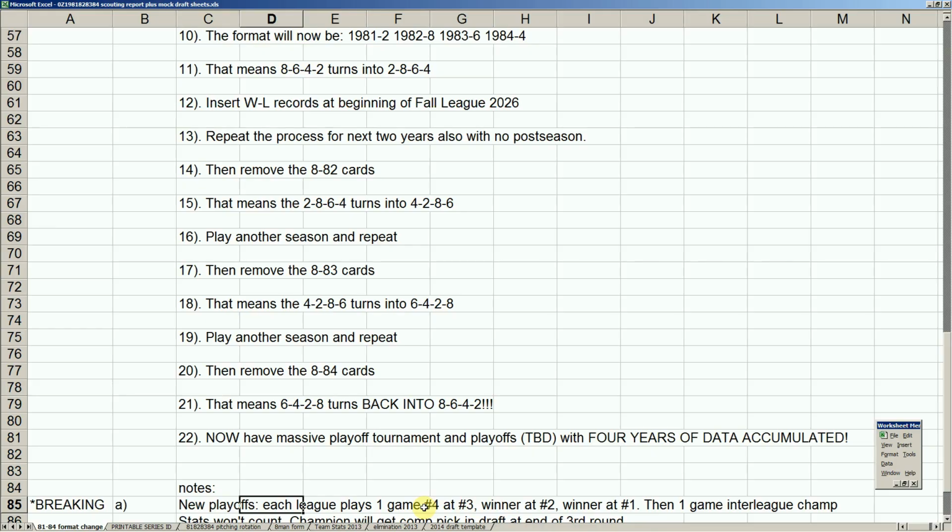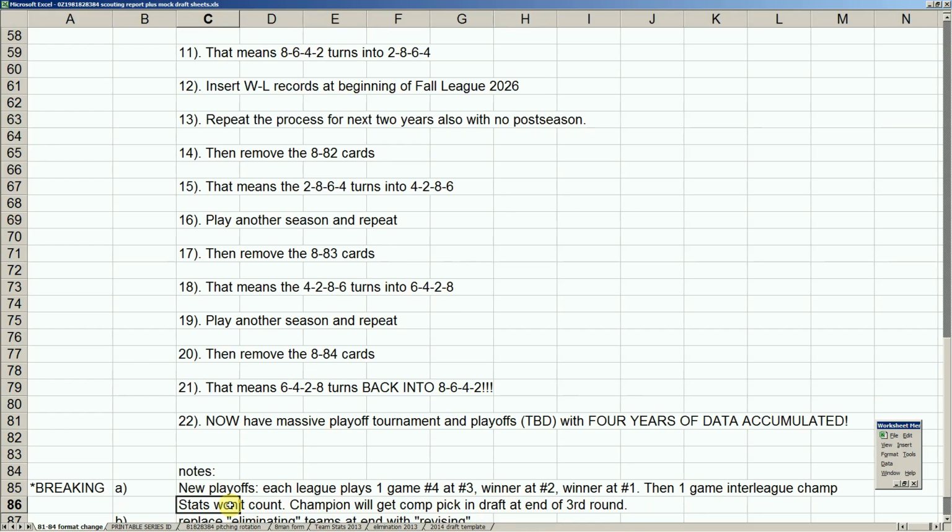It would be 7 games. The 4th and 3rd place division leaders, I can't really say winner, it's division leaders. And then that plays the 2nd, that plays the 1st, and there's an interleague game. So it's a 7-game playoffs. The stats won't count because I don't want to add more stats while the other teams are staying put.